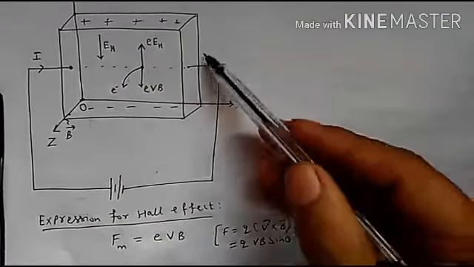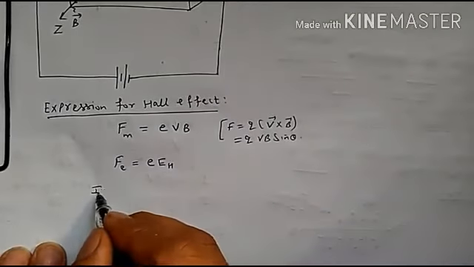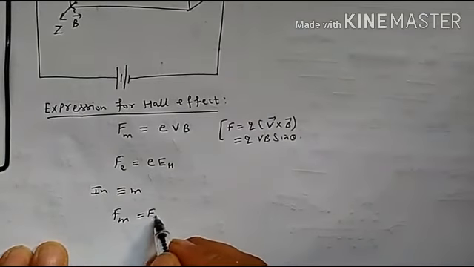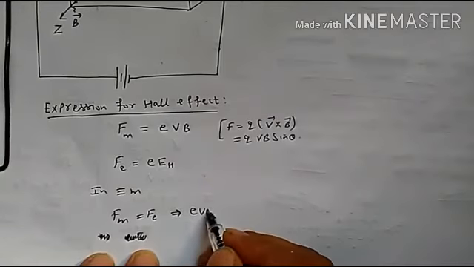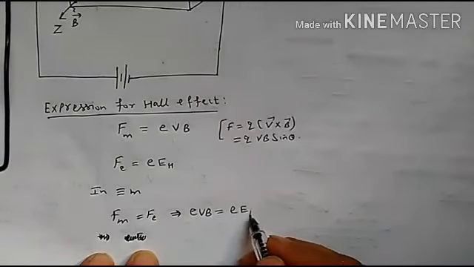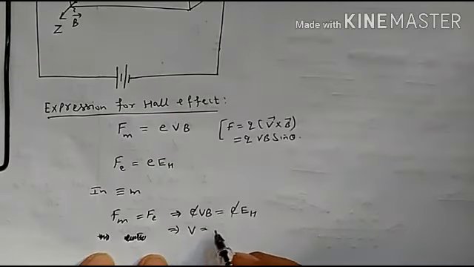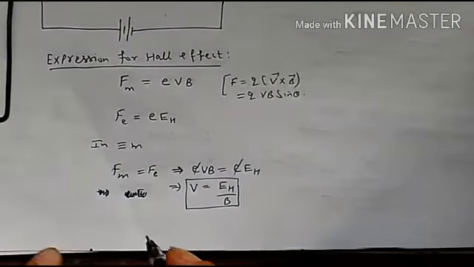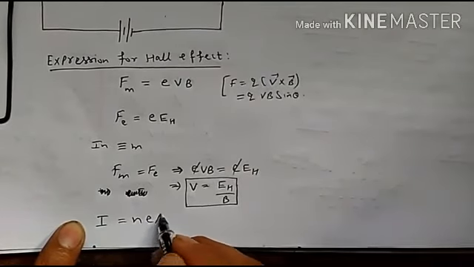In equilibrium these two forces are equal, and hence we get in equilibrium Fm equal to Fe. This implies evB equal to e into EH. On both sides e will cancel out, so we get v equal to EH upon B. Again, we know that the relation between current and velocity is given by I is equal to nevA.